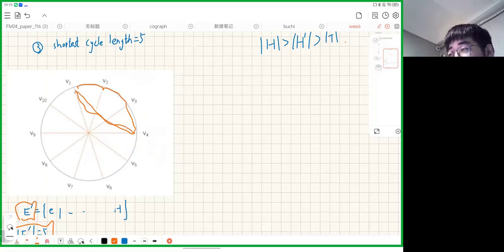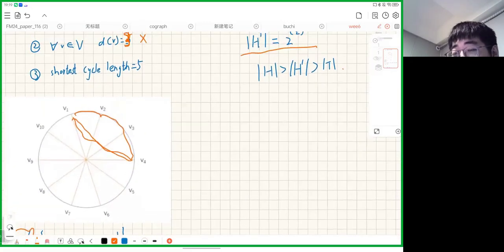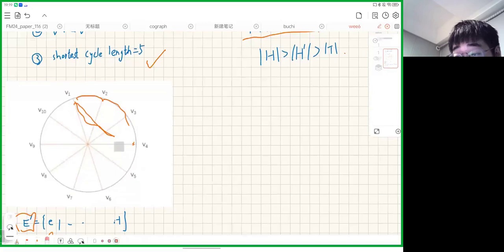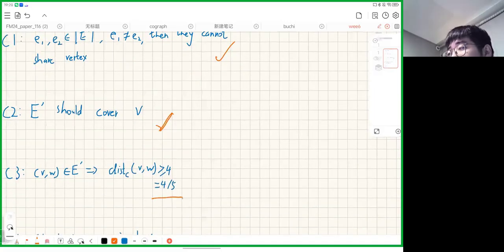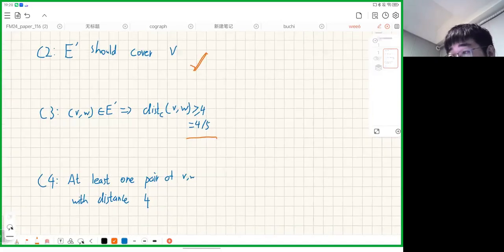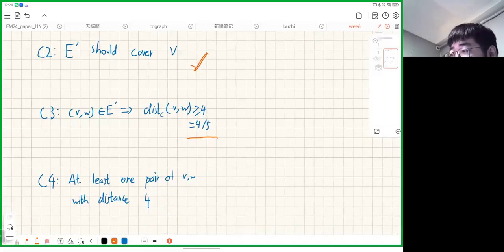This circle has length 4. And the shortest circle length should be 5 in the Petersen graph. So we cannot do this. And as it's a circle, distance at least 4 means distance should be 4 or 5, because the maximum distance is 5 in a circle with 10 vertices.